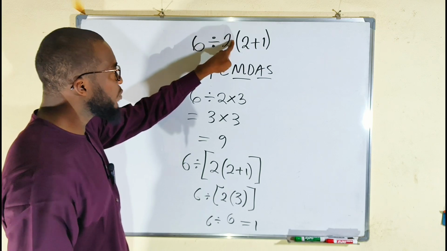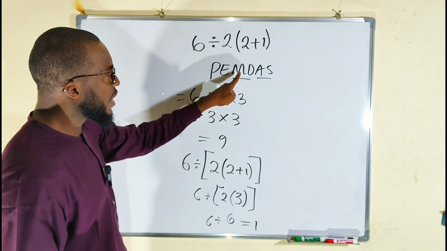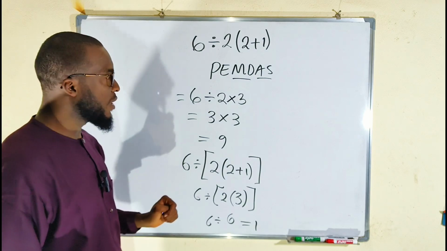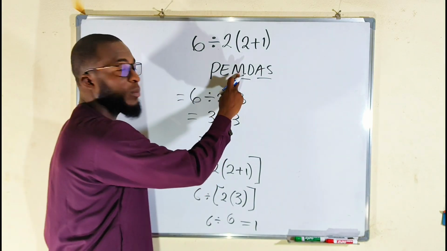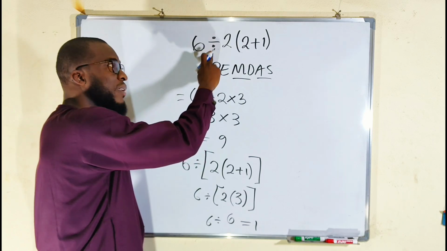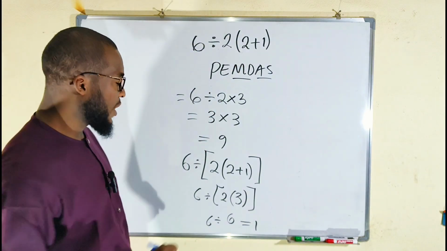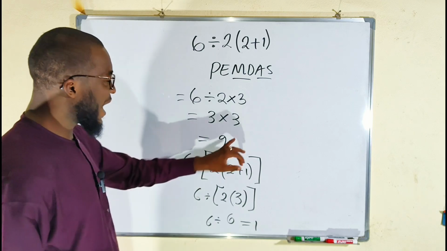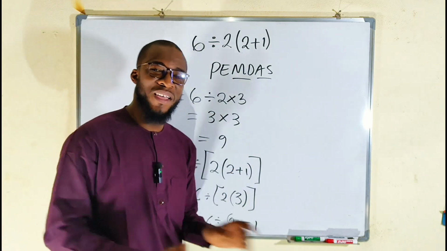And because we have multiplication and division, you have to carry out the one that comes first, which is division, before multiplication. Despite having M for multiplication, you have to start with division because it comes first. So this is just the difference between them, but I told you 9 is the most accurate answer here.